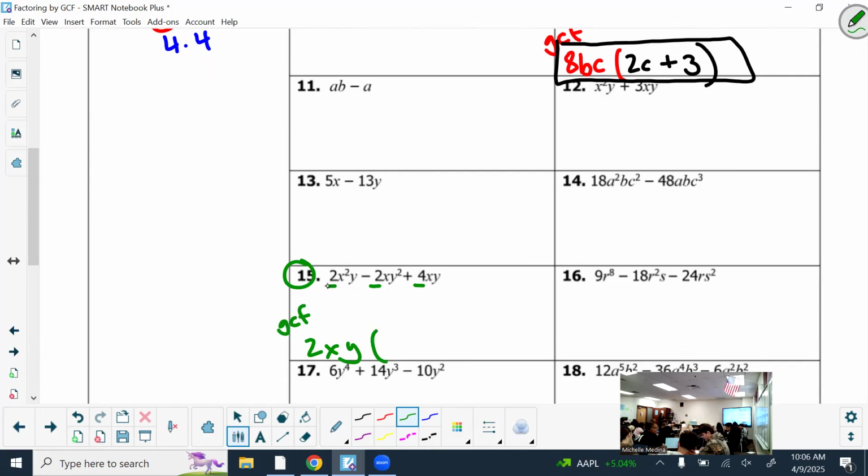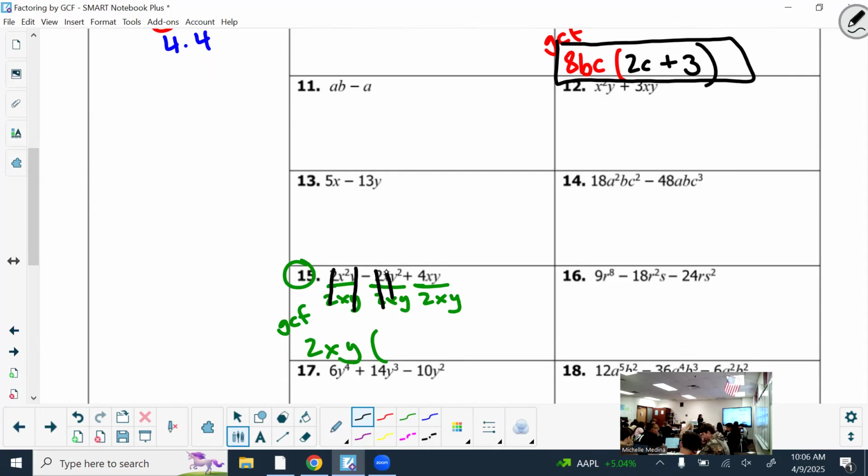Once you've identified it, divide each term by the GCF. I think it's easier if you can cancel out anything at this step so that there's less to divide, but you can only cancel it out if it's the exact same. So this 2 over 2 cancels, the x's don't, the y's cancel. These 2 over 2's cancel, but remember there's a negative there.